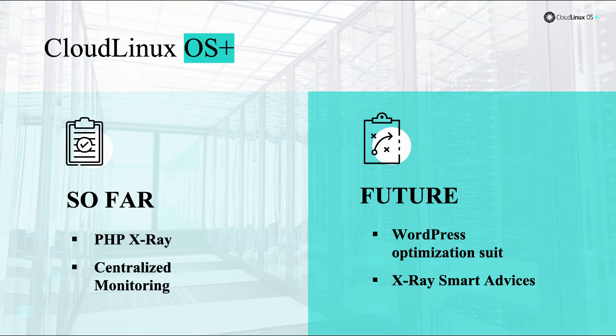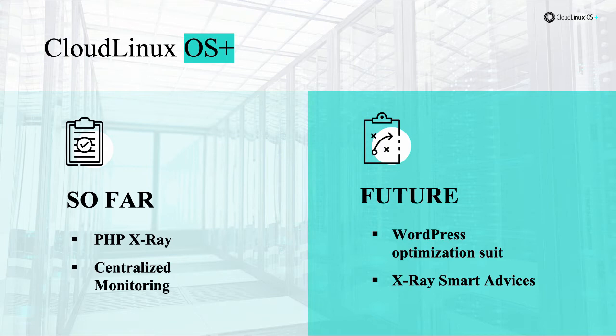And we also have another key piece of CloudLinux OS Plus, server monitoring, site monitoring, where we correlate this information with just how busy was the server at that time, how busy the site was at that time, and was it because the site was throttled.